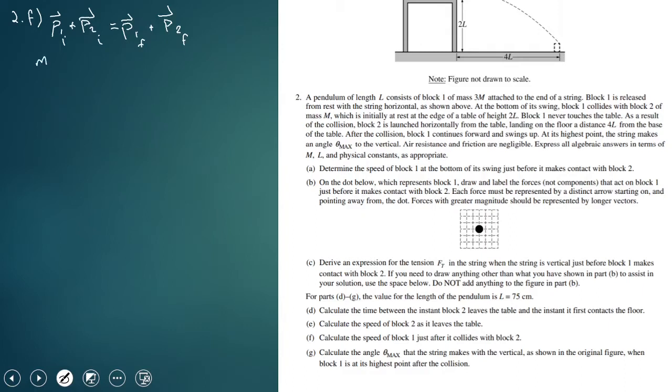Well, this is M1 V1 plus M2 V2. This is all initial, by the way, equals M1 V1 plus M2 V2, this is all final. And so what we know is that the mass is 3m. Our velocity just before the collision we found out was the square root of 2gL.